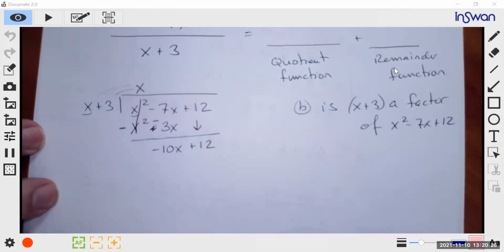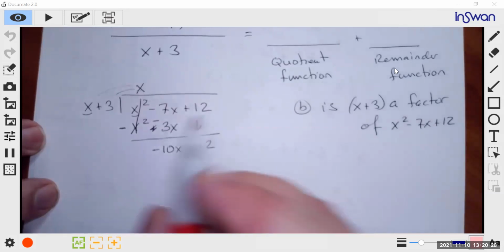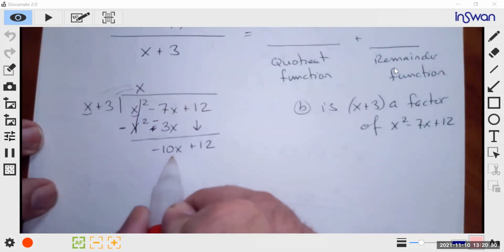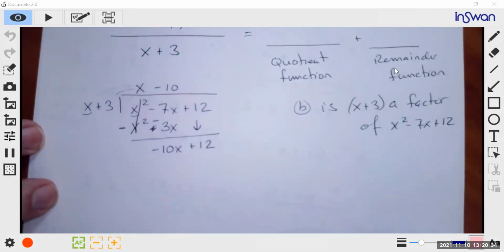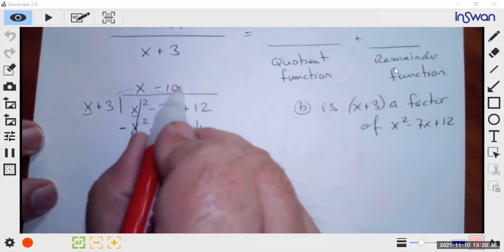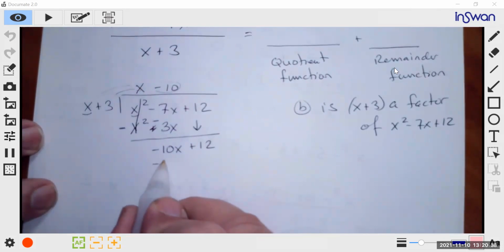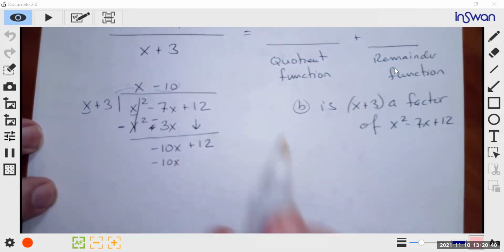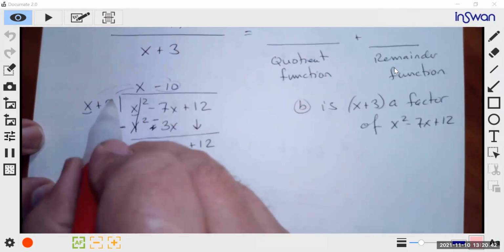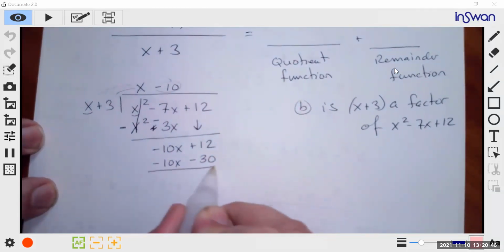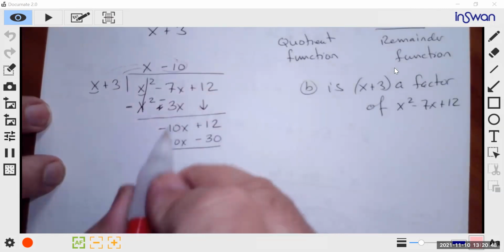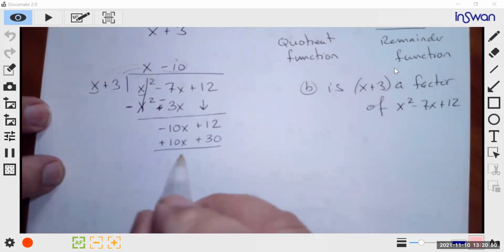Repeat the process. What times x gives me negative 10x? Negative 10. So negative 10 times x is negative 10x. Negative 10 times positive 3 is negative 30. Change the signs and add.